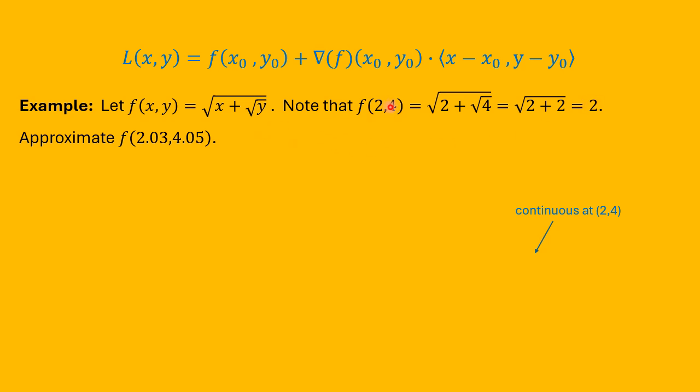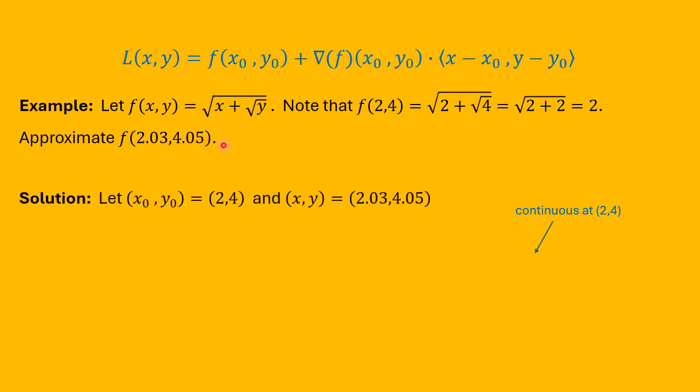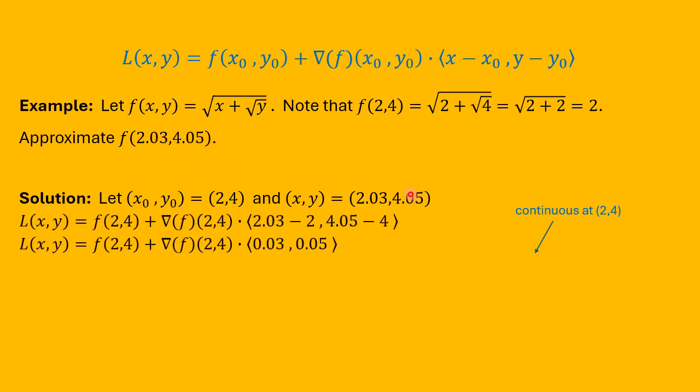So f of 2, 4 is equal to 2. Let's approximate f of 2.03, 4.05. So in this formula up here, x naught, y naught is going to be 2, 4, and x, y is going to be 2.03, 4.05.